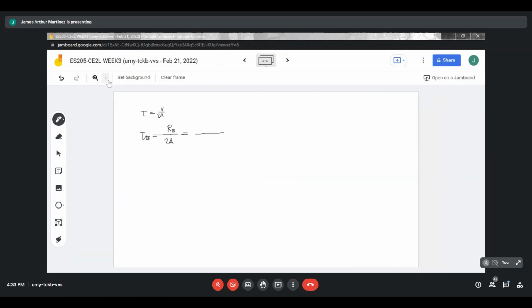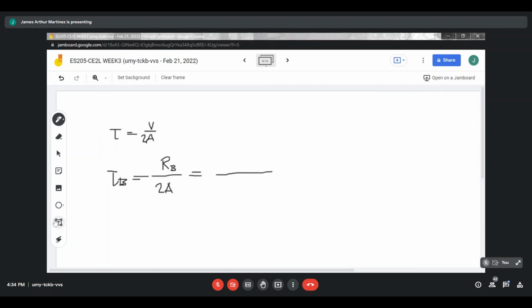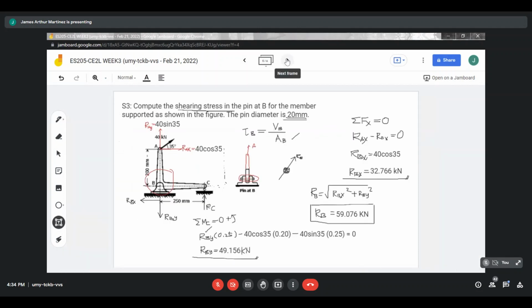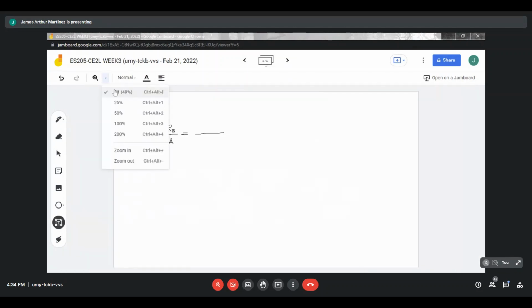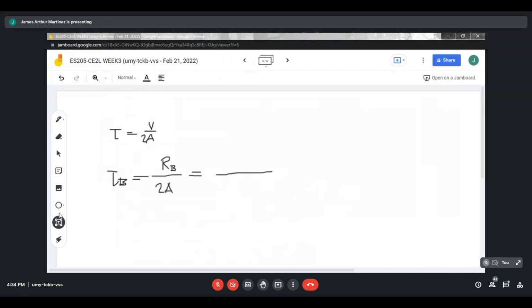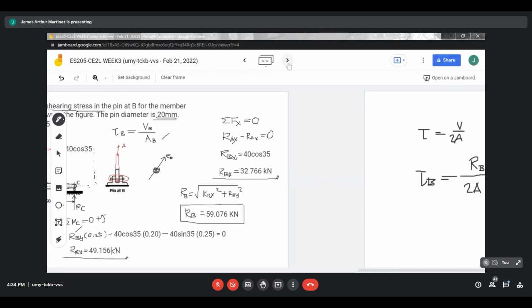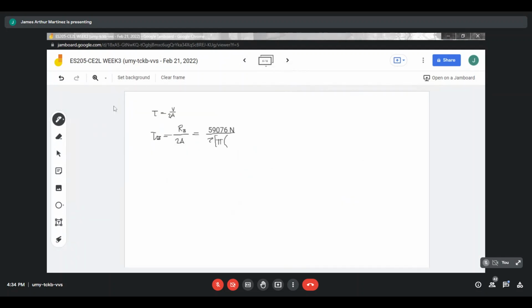You have 59.076 kN, or if we express it in terms of Newton, 59,076 Newton, divided by 2A, 2 times the cross-sectional area of your circular bolt. So pi r squared, where the diameter is given as 20 millimeters.